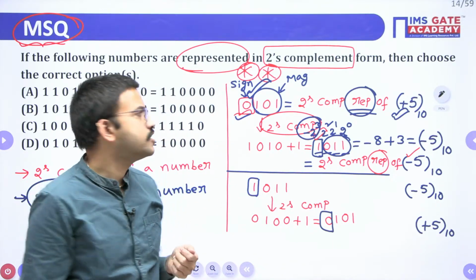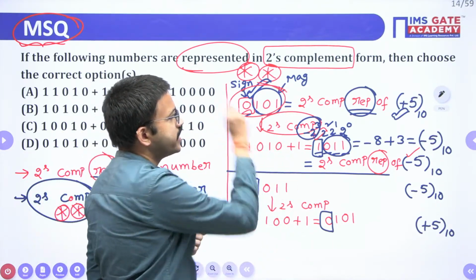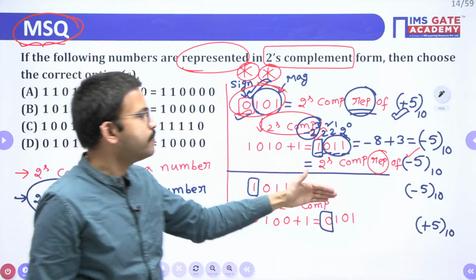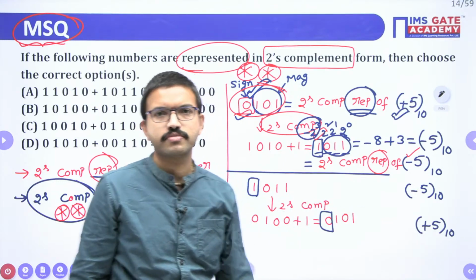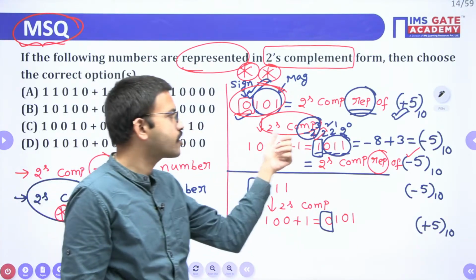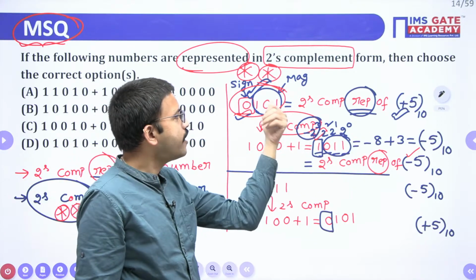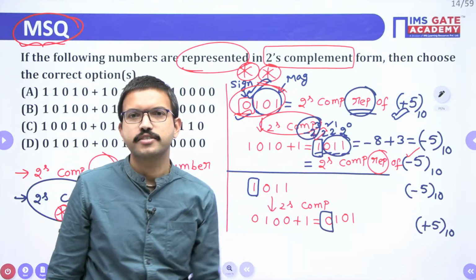That time what we will do is, whatever positive number you are getting, just apply complement, so that you will get the number in the corresponding negative. That's why we go for the complement method, because for writing a negative number, we have to apply complement to the positive number.